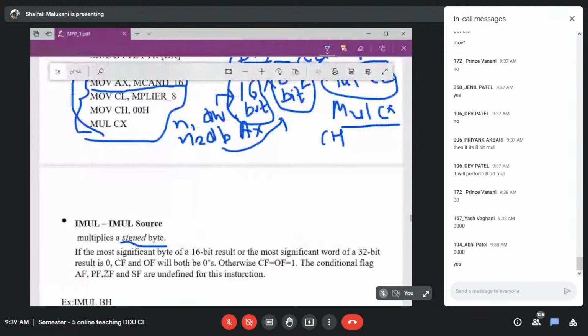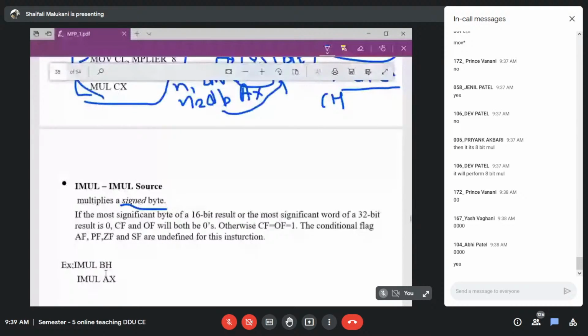One positive and one negative number gives a negative result. For 8-bit, you are not considering the range 0 to 255, you are considering minus 128 to plus 127. Otherwise it is the same, just that the operands specified are signed numbers.